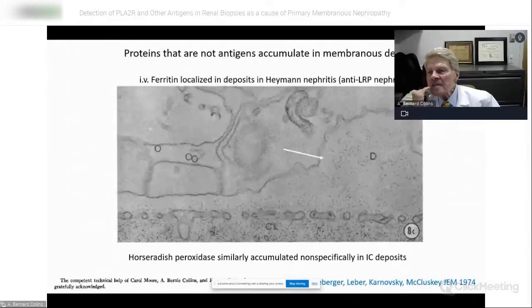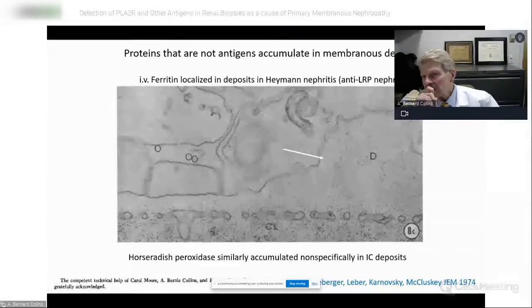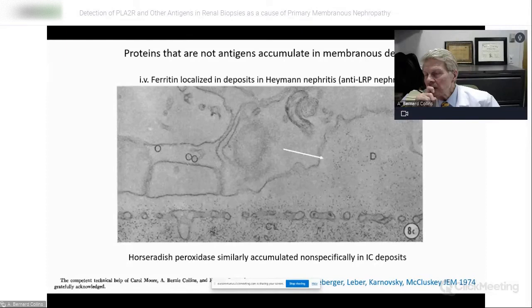This is an old study that we published back in 1974, and it shows that proteins that are not antigens can accumulate in the membranous deposits. This shows ferritin localized in the deposits of Heymann nephritis. As you know, Heymann nephritis was thought to be a model for membranous, but it turns out the antigen in Heymann nephritis is megalin.